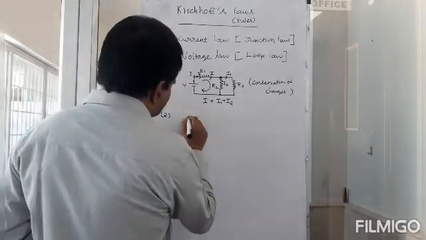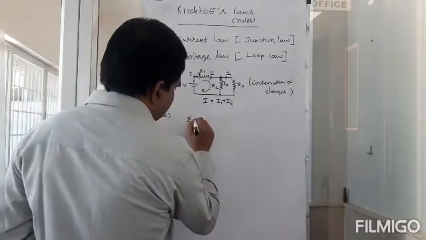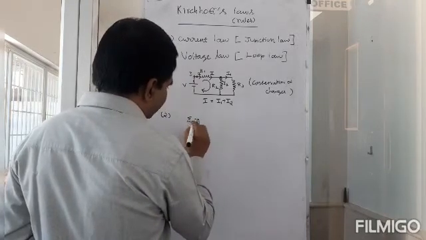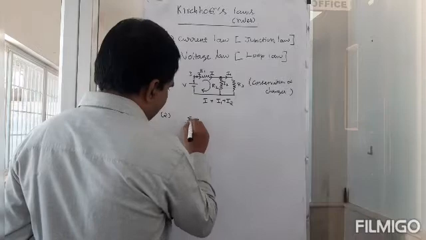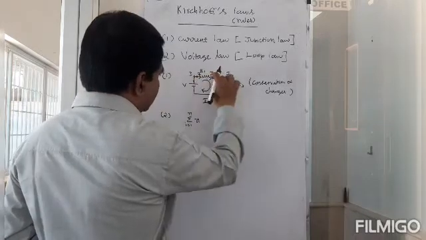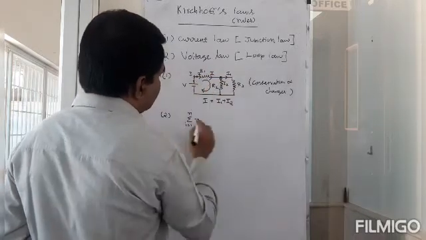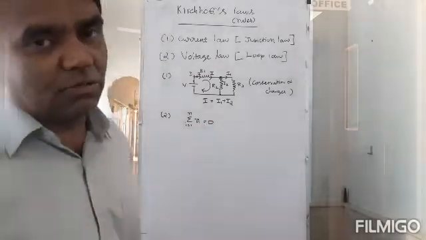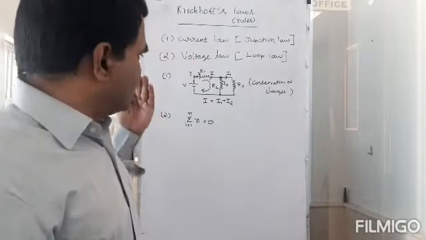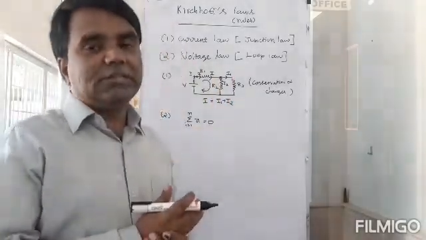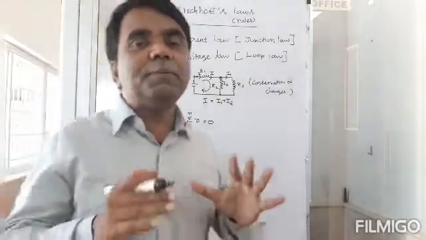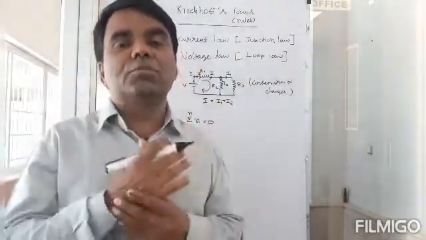I will say the sum of all the potential drops, say i equal to 1 to n, all the components 1, 2, 3, if you take a closed loop, must be equal to 0. That's the second law. So using these two laws, it's very easy for you to solve any circuit problem.